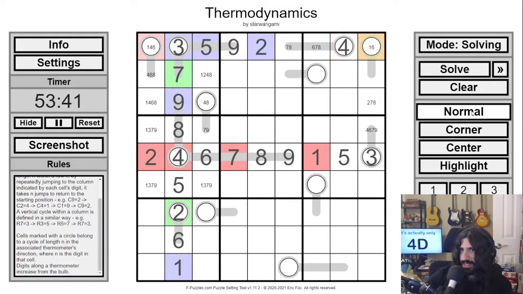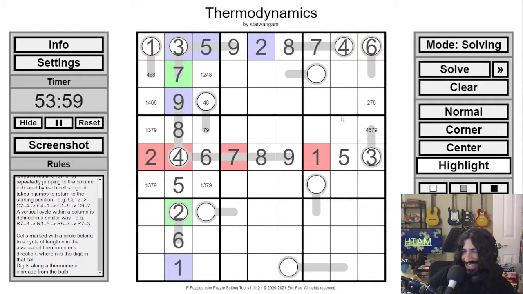So this has to be a 6. And this has to be an 8. Which means that this is a 7. And this is a 1. Hope I did that right. Okay, dope.